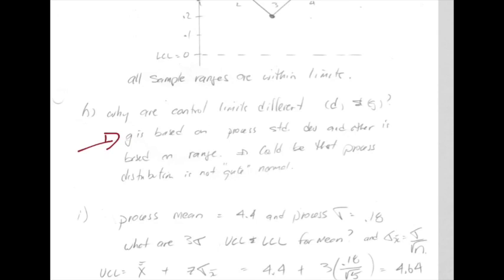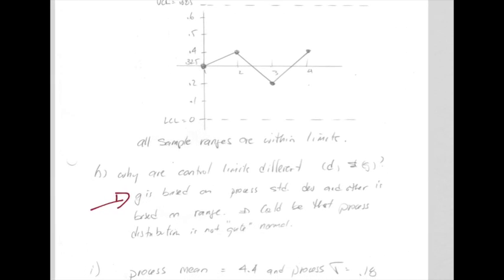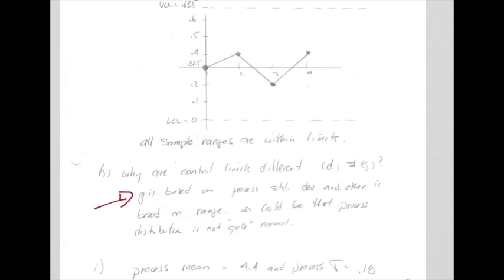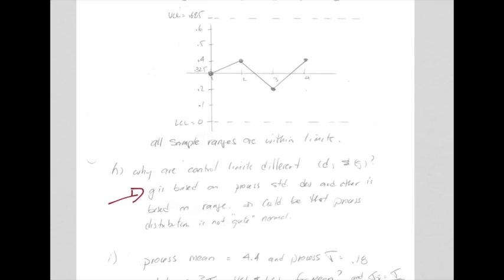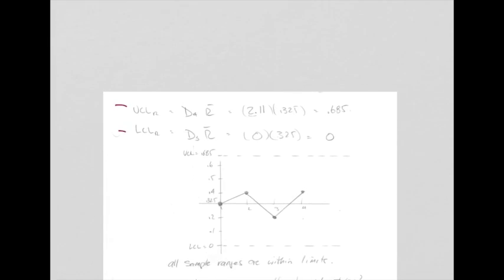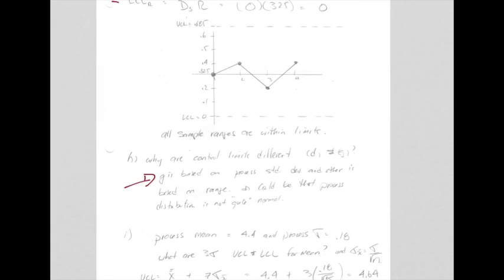So the thing is that in table 10.2, the big assumption is that the process is a normal, standard normal process. So that's the big assumption. And the fact that we have something out of control using the table, whereas we don't have something out of control using the standard deviation, all we could really say is that the process is probably not quite normal.